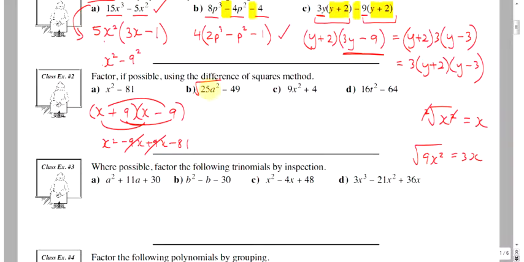What's the square root of 25a squared? 5a. What's the square root of 49? 7.